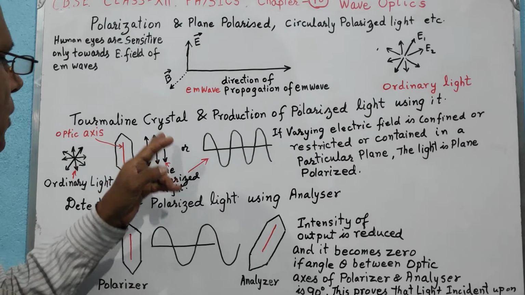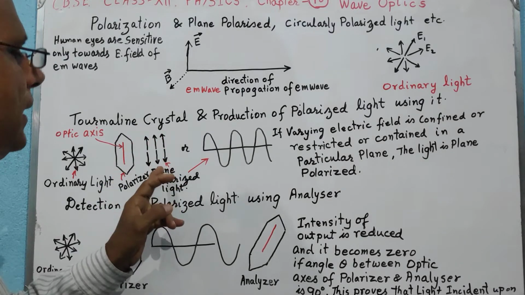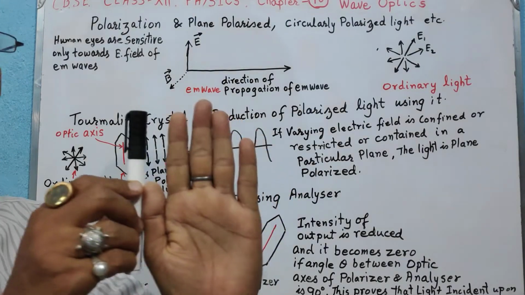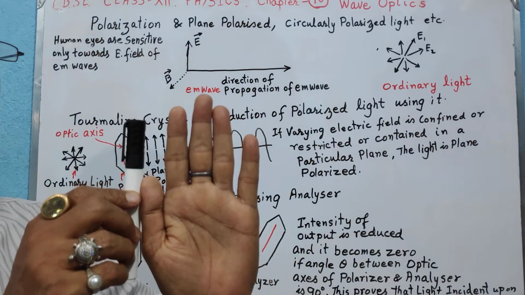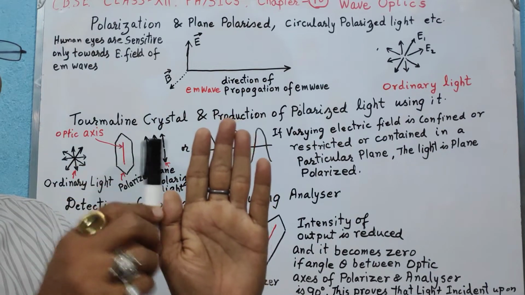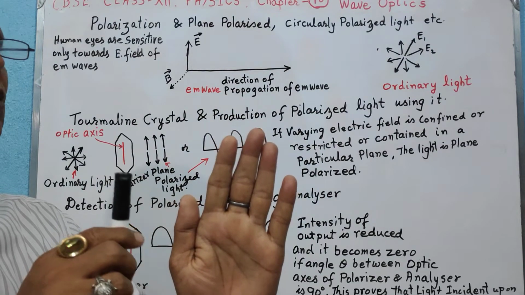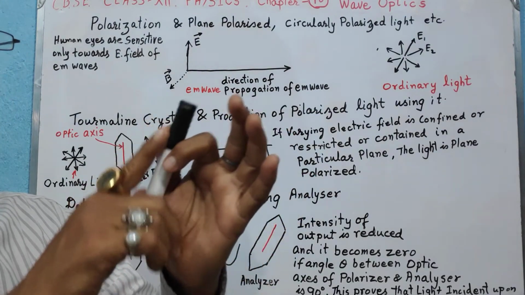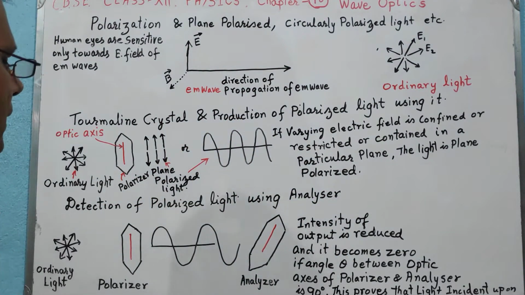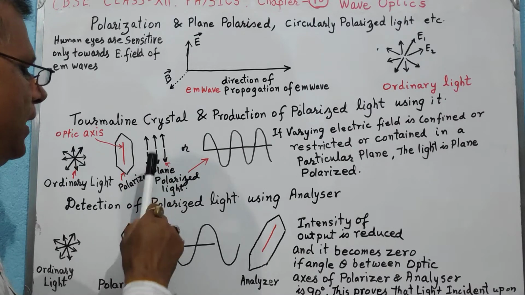The vibration is confined in a particular plane, the plane in which the optic axis was lying, because only those vibrations which were parallel to the optic axis were allowed to pass through the tourmaline crystal, and so the outcoming light is called plane polarized light.